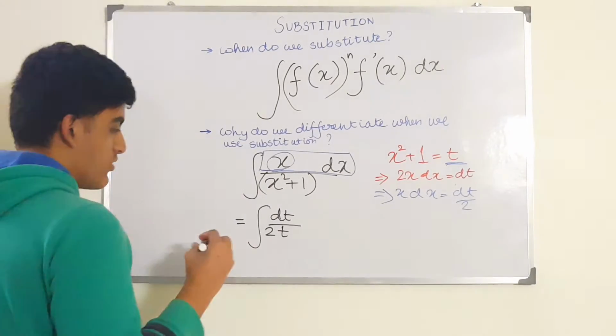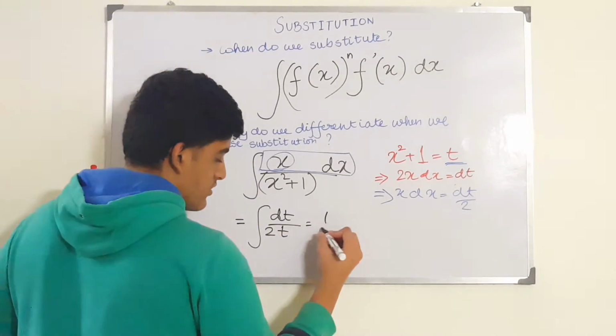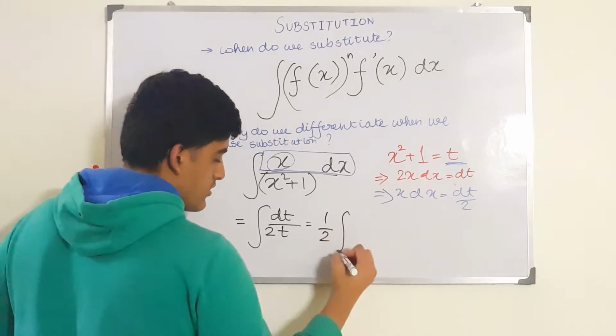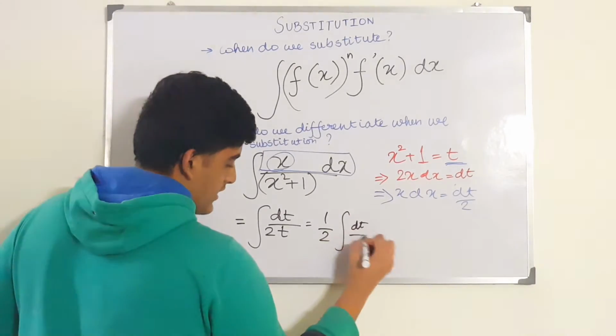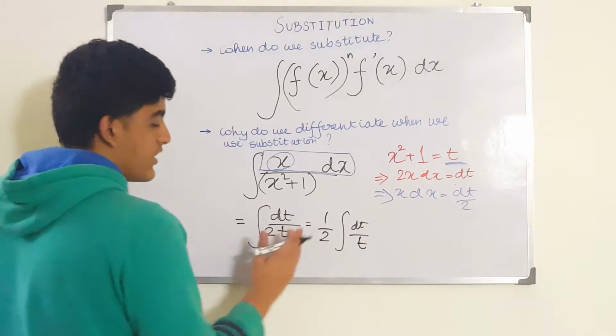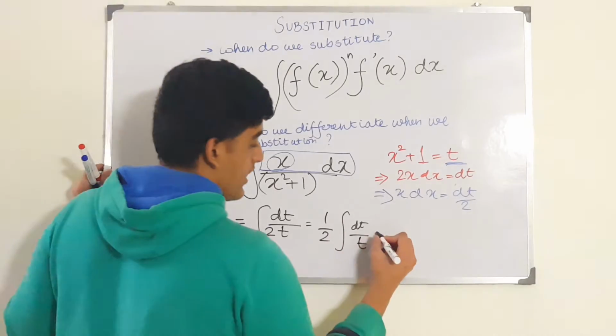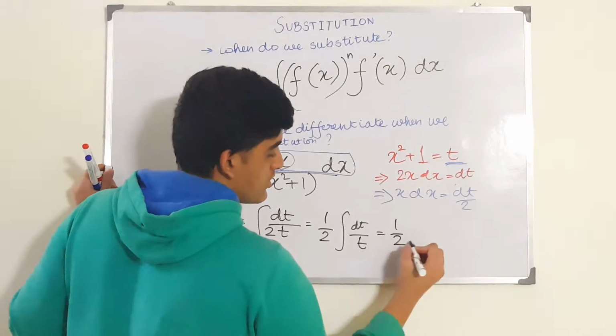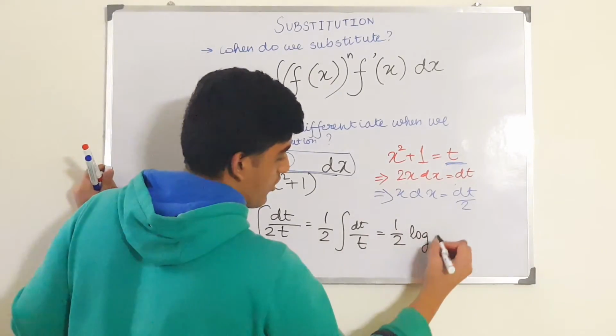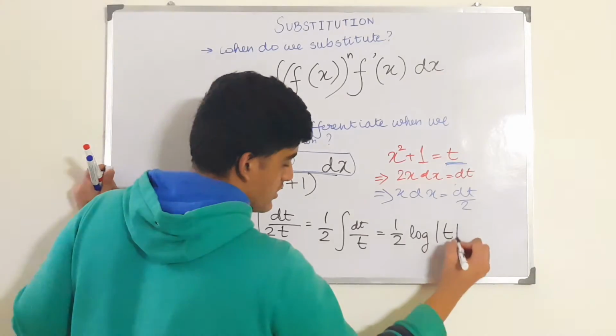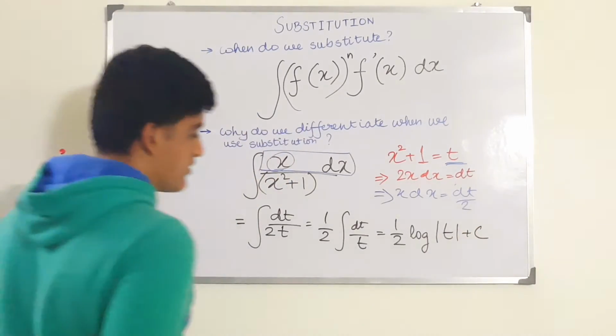Since 2 is a constant, we can bring it out of the integral. We can write it like this. And the answer, therefore, is half log t plus c.